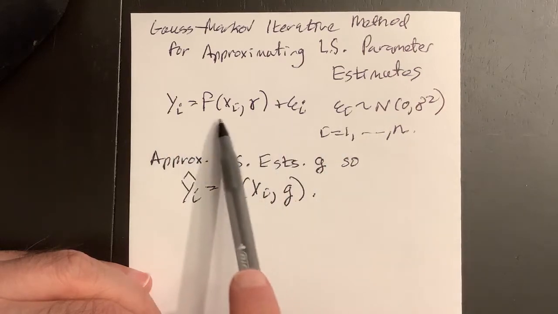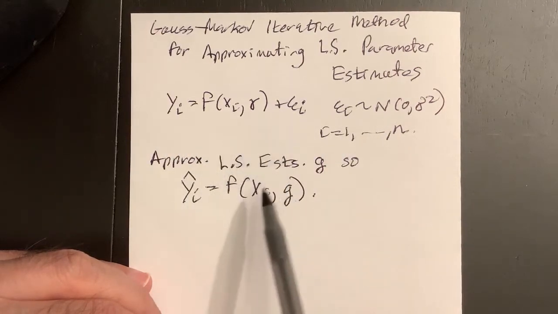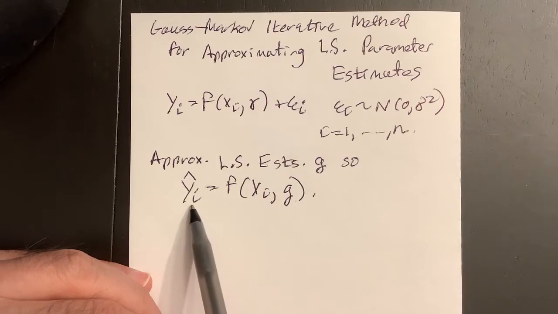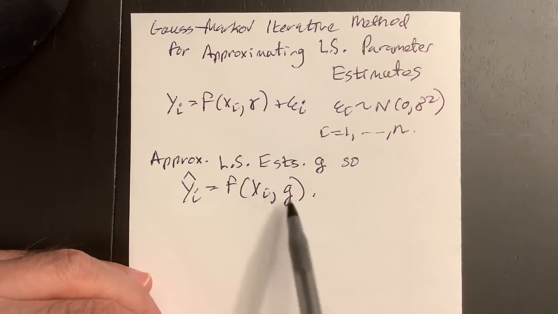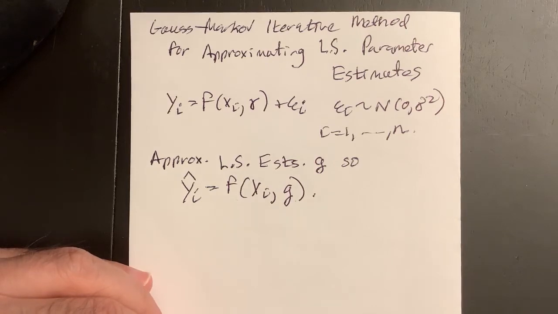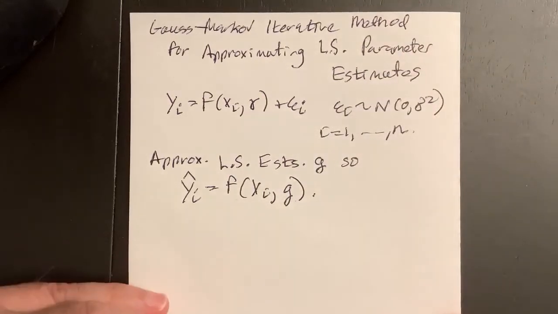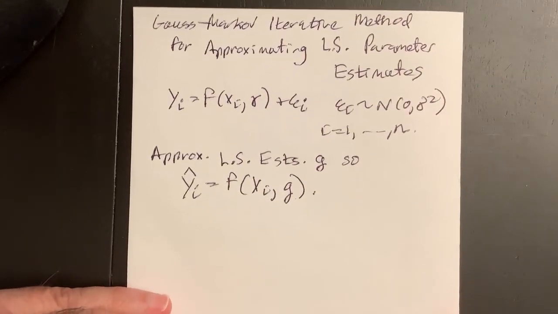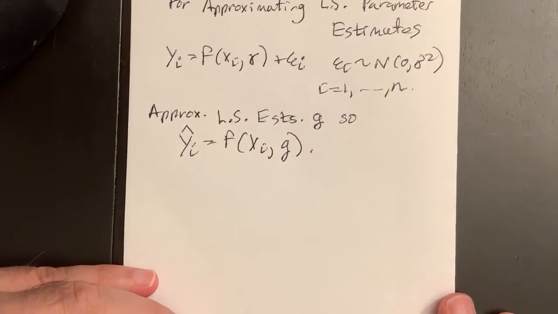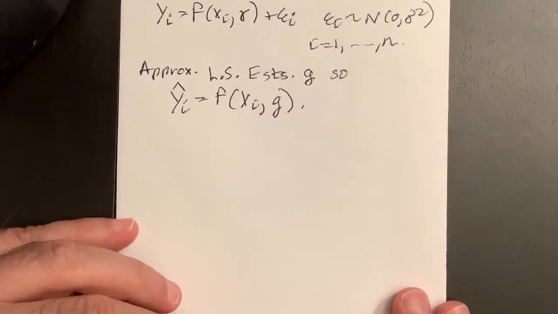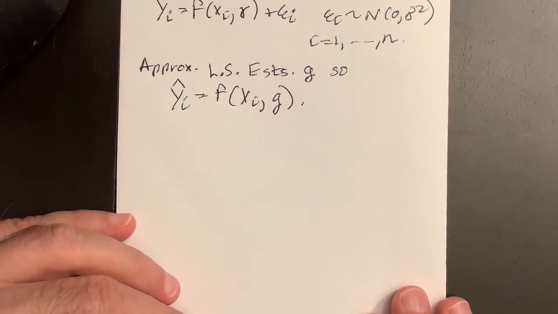This is the model. This is some nonlinear function, and this we'll call yi hat, the fitted value. I am just replacing gamma, which is unknown, with g, based on the data. G is based on the data, and it's an approximation for the fit that will minimize the least squares error. So g is a vector, to be clear, and xi is also a vector.